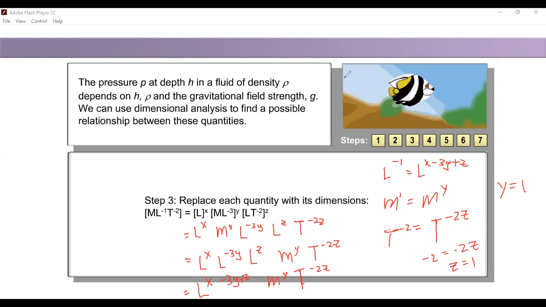Then we just replace Y equal to 1 and Z equal to 1 into the formula. Once we put into the formula, we get negative 1 equal to X minus 3 times 1 plus Z is 1.